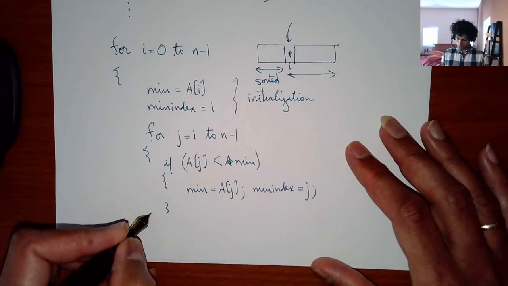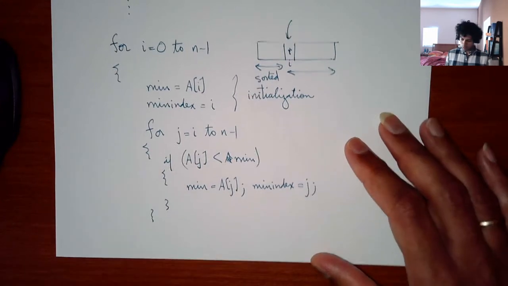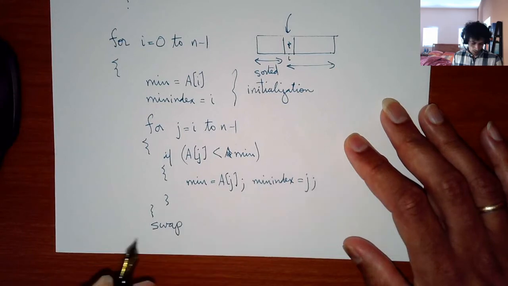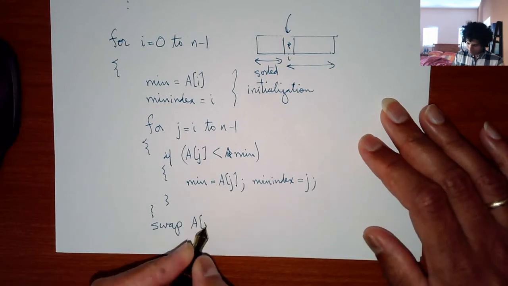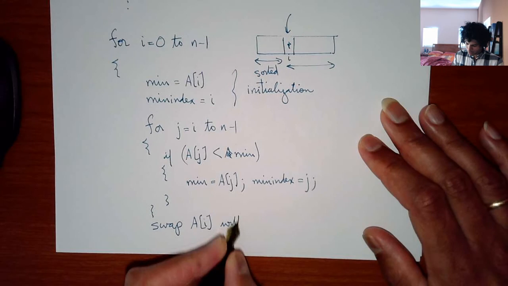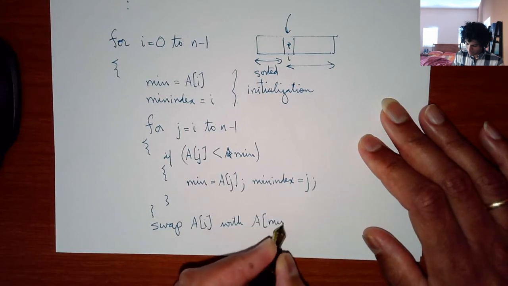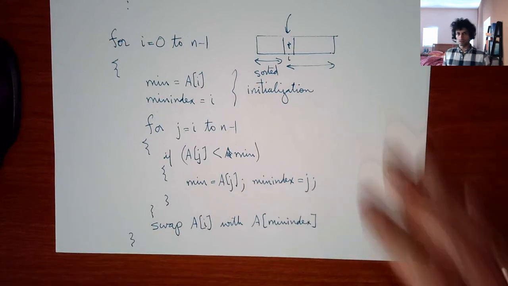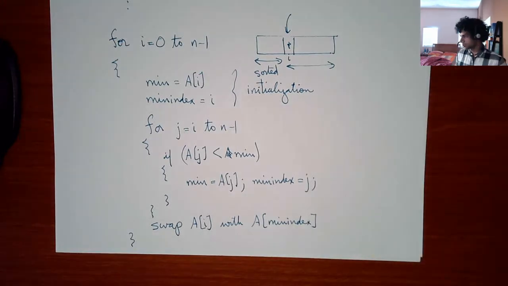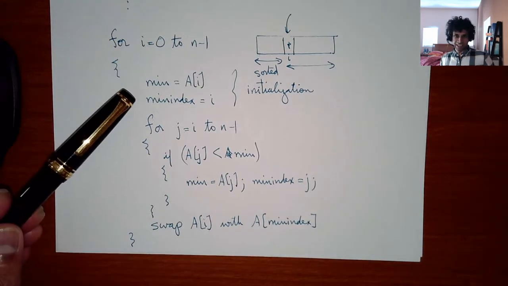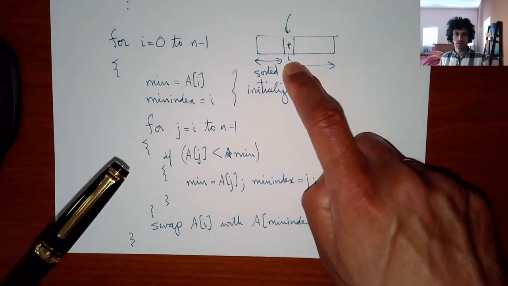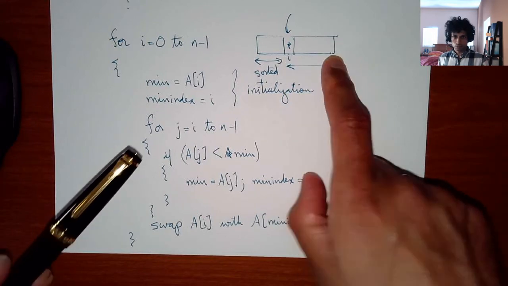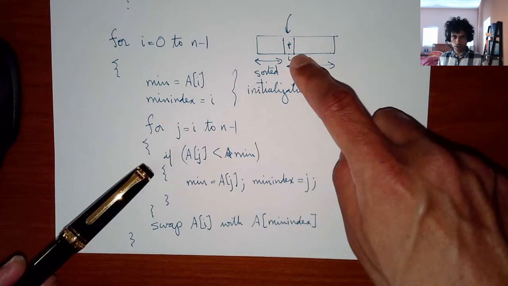And so we can end that loop. And once we're here, I'll just say swap A of i with A of the min index, and that's it. That's the code. This is how you can sort. So I just initialized: I'm going to start at the ith position and find the minimum going from here to the end.